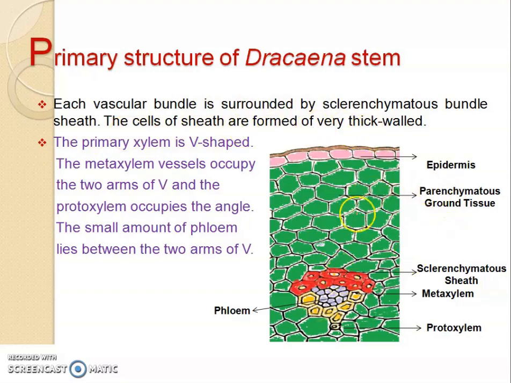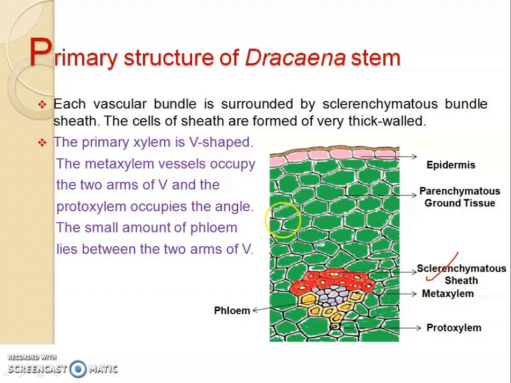This is a part of the transverse section of the Dracaena stem, in which this is the sclerenchymatous sheath, which is thick walled and double layered, and the vascular bundle is covered by this sclerenchymatous sheath.